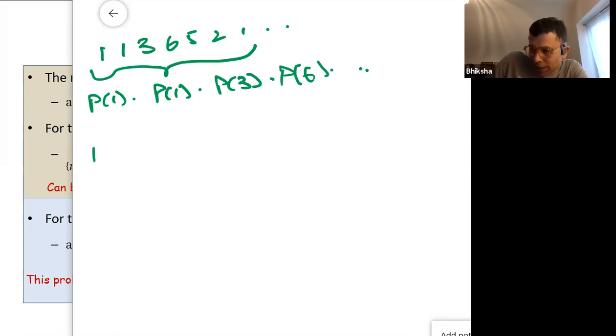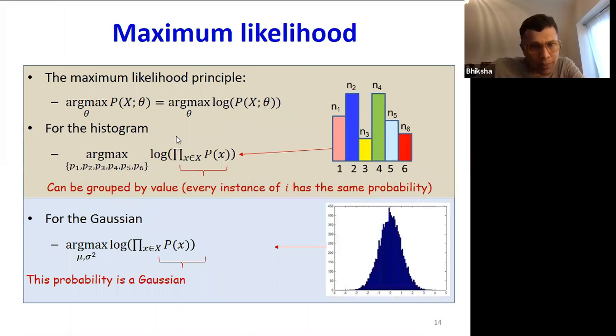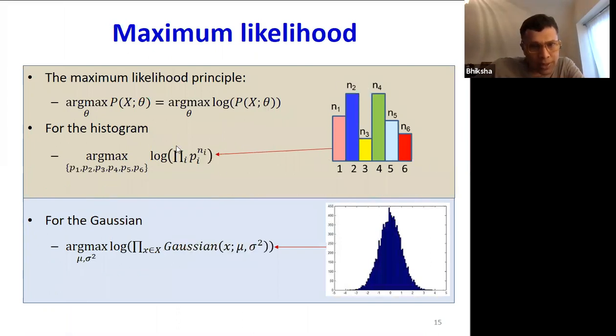And I can write this more generally as the probability of 1 raised to the number of times 1 occurred, times the probability of 2 raised to the number of times 2 occurred, and so on. So this term here, the probability of this data, is the product over all possible outcomes of the probability of the outcome raised to the number of times it happened.